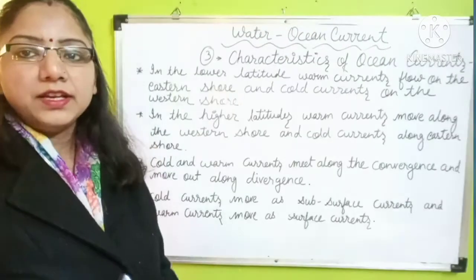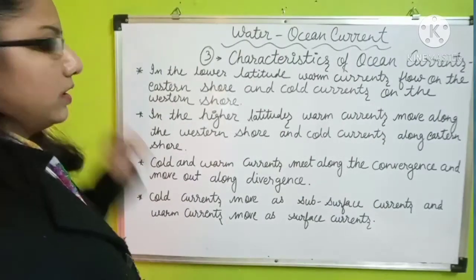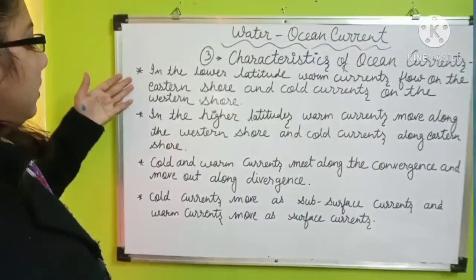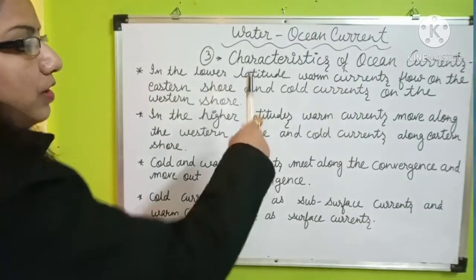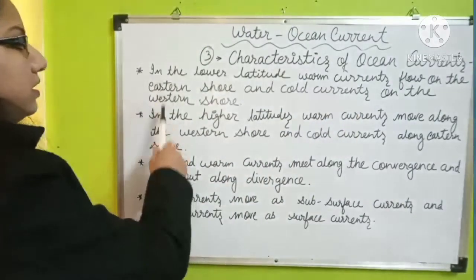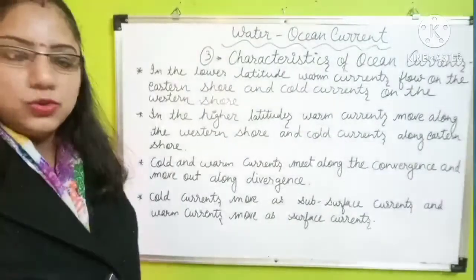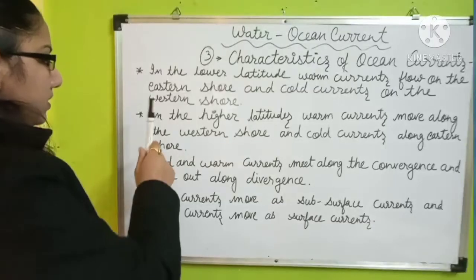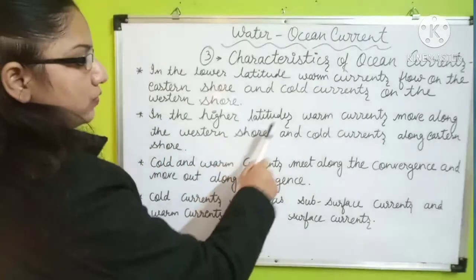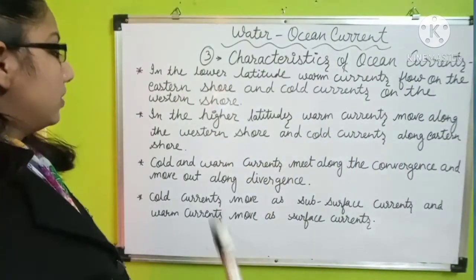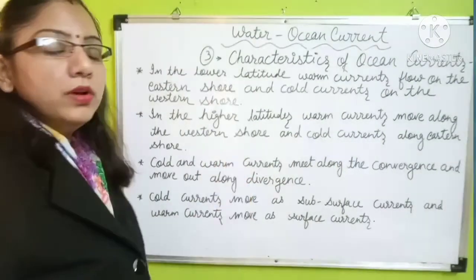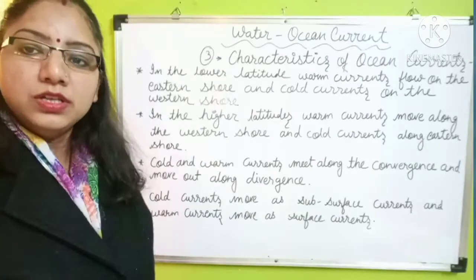Another characteristic of the ocean current is that in the lower latitude, warm currents flow on the eastern shore and cold currents on the western shore. Another one is that in the higher latitude, warm currents move along the western shore and the cold current along the eastern shore.